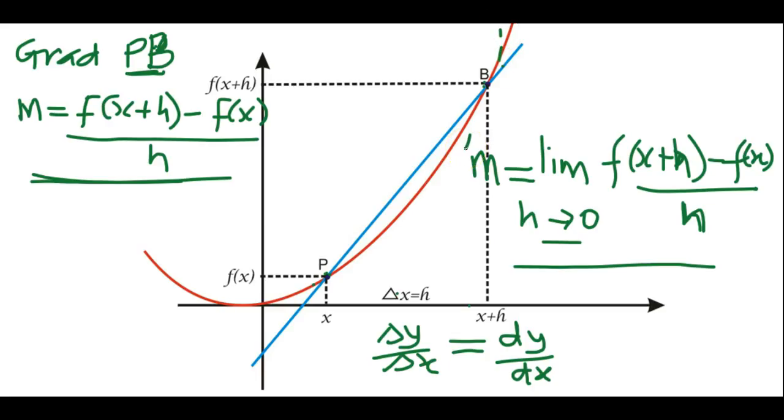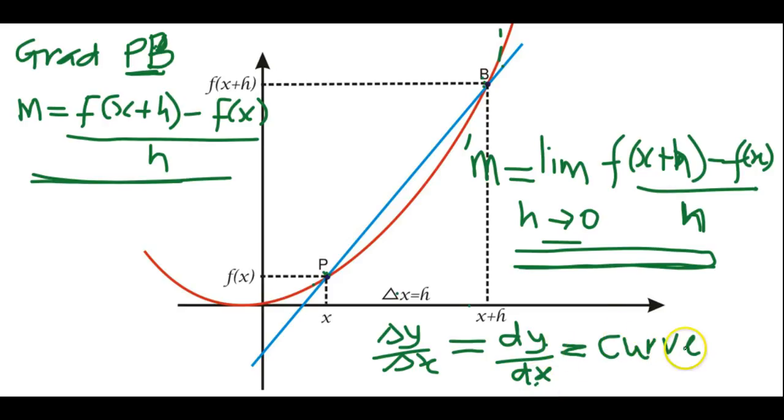But as we move P closer to B and the line is becoming a tangent, then the gradient is more or less becoming closer to the gradient of the curve. And so we'll say that when we take the limit of the gradient of a straight line, the result will be the derivative of y with respect to x, which defines the gradient of the curve.